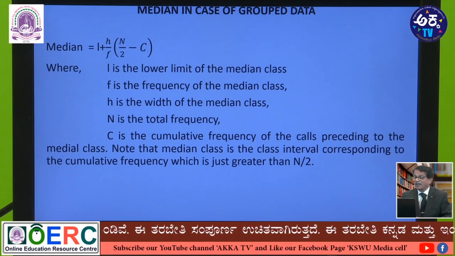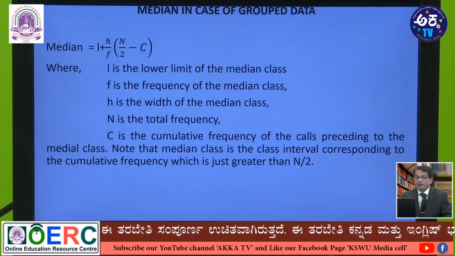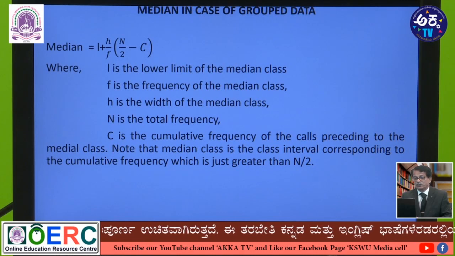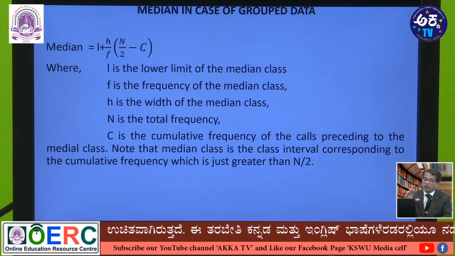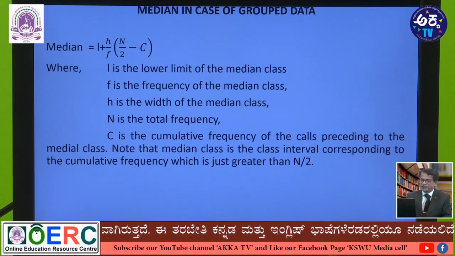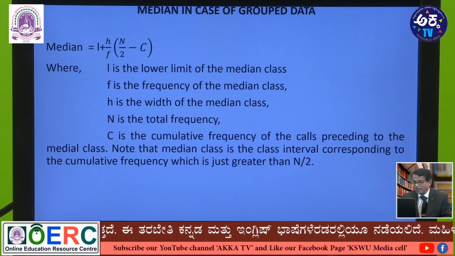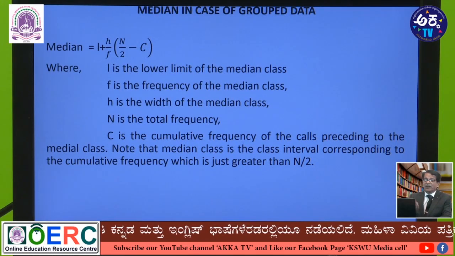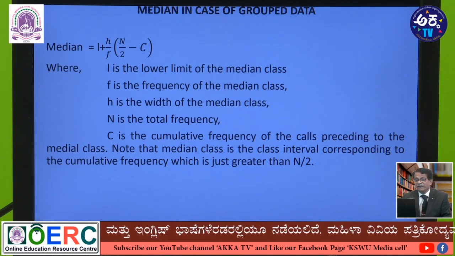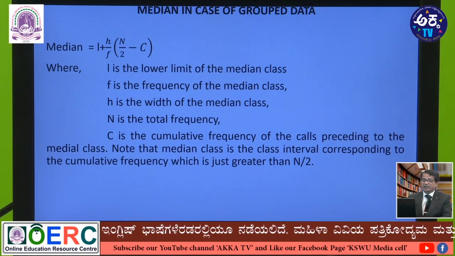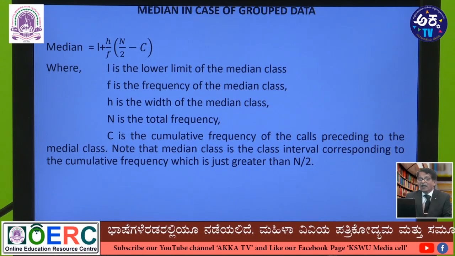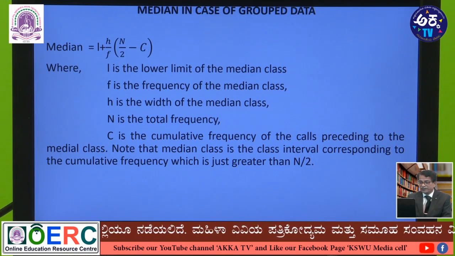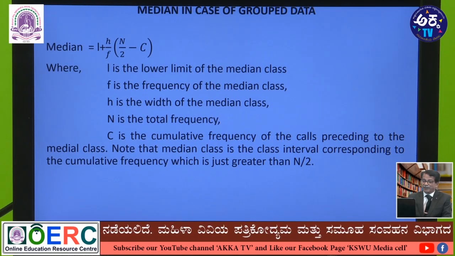Note that median class is the class interval corresponding to the cumulative frequency which is just greater than n by 2, and therefore, in order to solve problems related to grouped data, the first job is, from the data given, values given on x and f, to generate one more column, called cumulative frequency, and then identify the cumulative frequency which is just greater than n by 2.